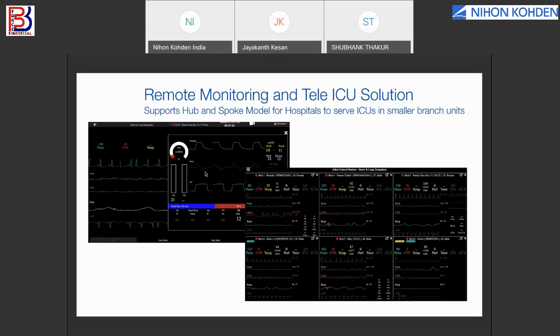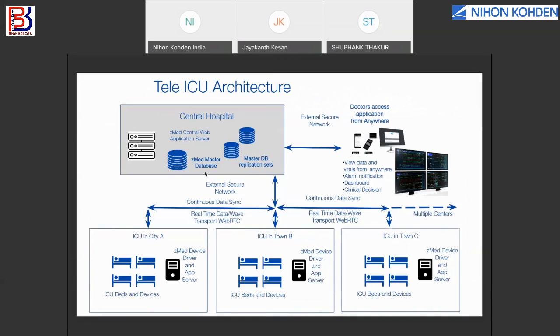And monitoring the data from anywhere, not just the trend data, but also the waveform of patient monitors, ventilator, anesthesia machines, and all the alerts related to these things. Integration of laboratory data, integration of radiology, and the same technology that we are using to monitor critical care units can be simply extended to have a tele-ICU architecture.